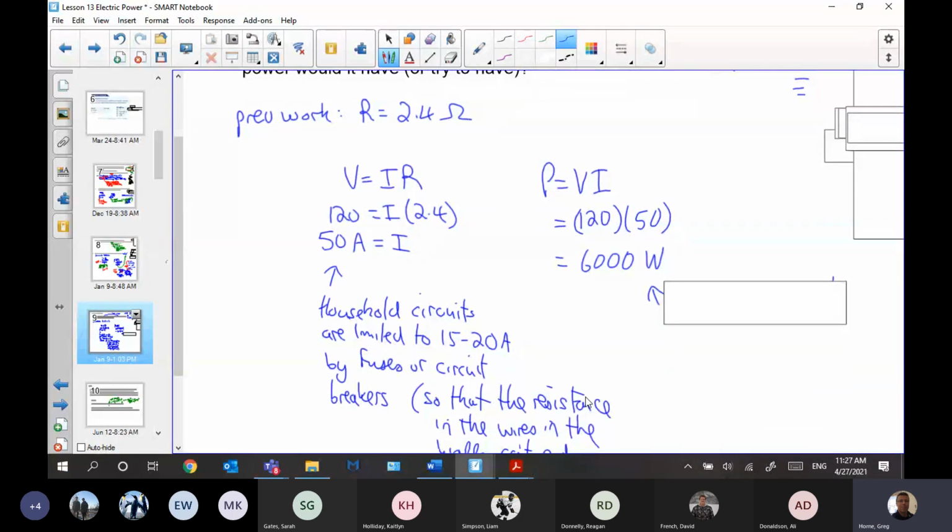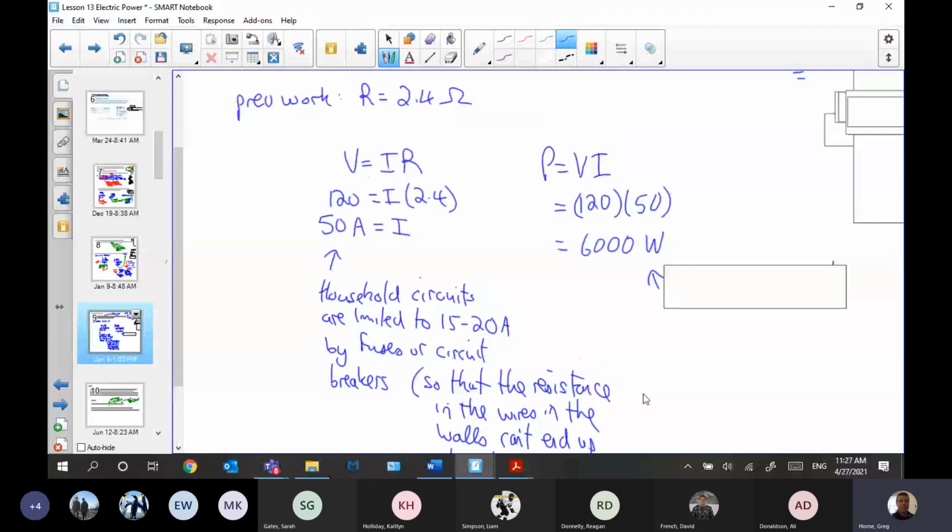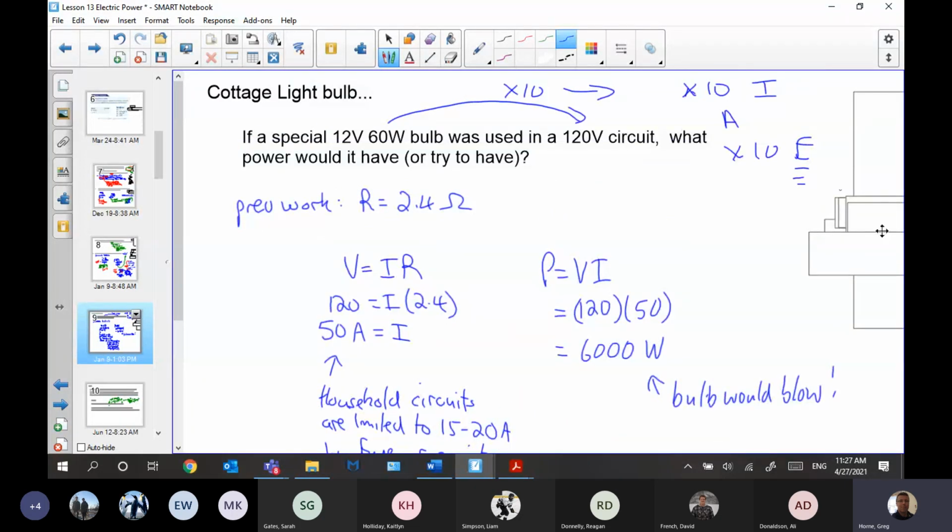So the circuit breaker would blow right away to stop so much current from flowing through your wires and your walls, and you don't want the house wiring in your walls to catch on fire. So obviously the bulb would not sustain this. But the kind of calculation we're doing here, times 10 times 10, is a very valuable piece of knowledge to do with electricity and how it works.